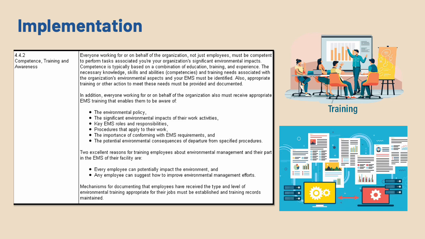But here I would like to highlight one part, which is training. So who needs training? When we talk about training, many people think it's just for the company's direct employees. Yes, the employees have to be trained on whatever environmental management system the company has, as said earlier.